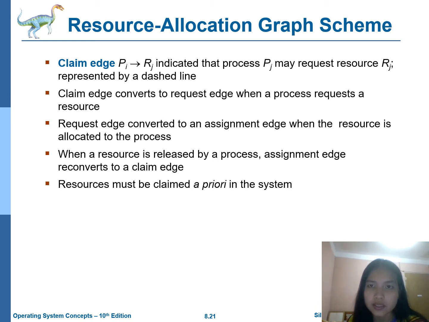In the resource allocation graph scheme, a claim edge indicates that process Pi may request resource Rj, represented by a dashed line. A claim edge converts to a request edge when a process requests a resource.